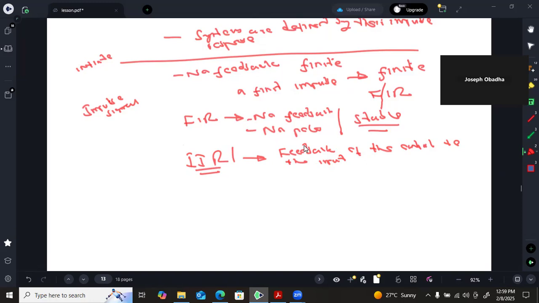And of course, if we get the transfer function, then we would also find that it has poles. It can be unstable.